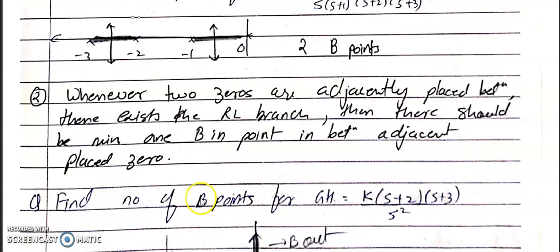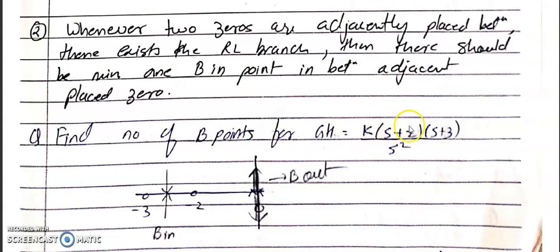Okay. So what is point number 2? Point number 2 is whenever two zeros are adjacently placed, then there should always be at least one break-in point. If there are zeros, then there will be a break-in point. Similarly, in this example there are two poles at 0 and two zeros.